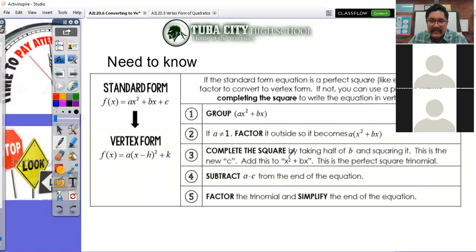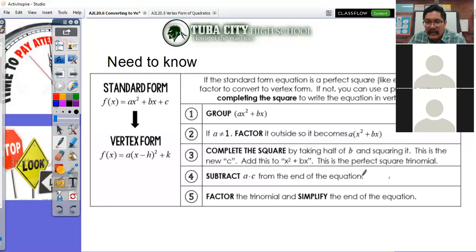Now, to complete the square, you take b, all right? Let me read it first. By taking half of b and squaring it, this will become your new c value. Add this to your existing group. So that group that we put aside, we're going to add it. That's going to be the perfect square trinomial.